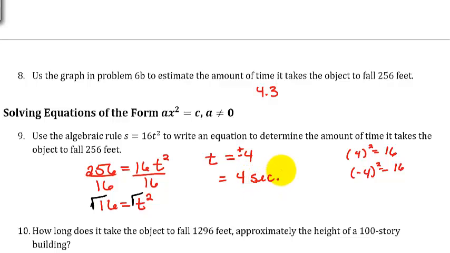We would not consider negative time. So 4 seconds is where this happens. Again, the number we got on our estimate is off for a couple of reasons. We had to guess where 256 was on our y-axis, and our curve is not drawn in there exactly either. That leaves room for error.